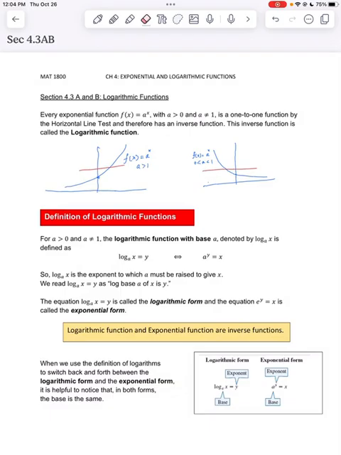In the basic case, the exponential function looks like f of x is equal to a to the x. So this is an exponential function, and there are conditions on a. a has to be greater than 0, and a cannot be 1.